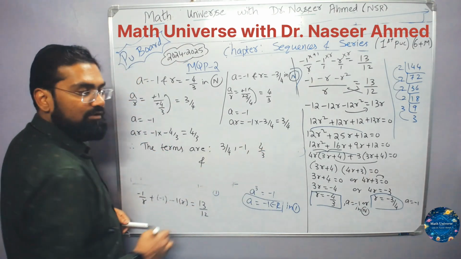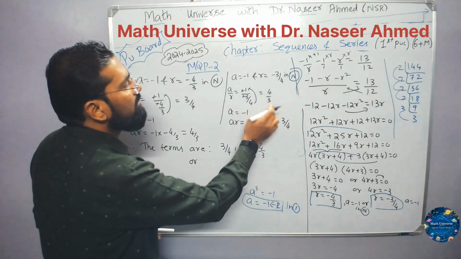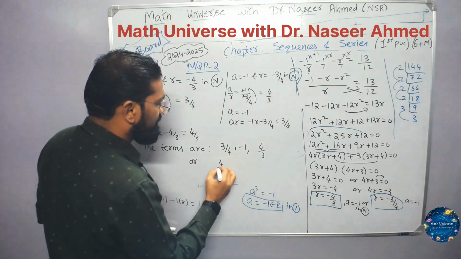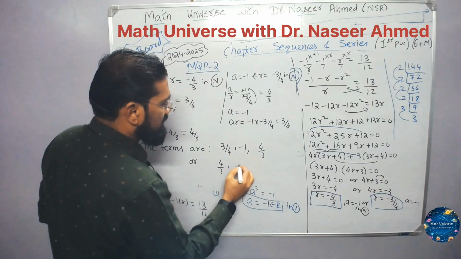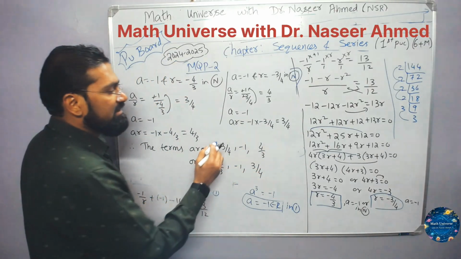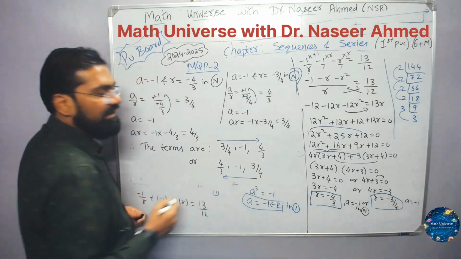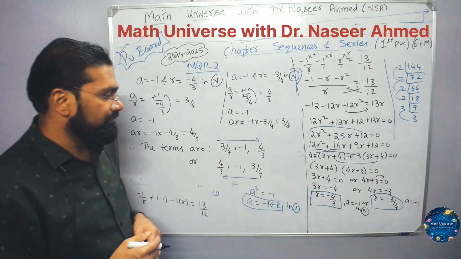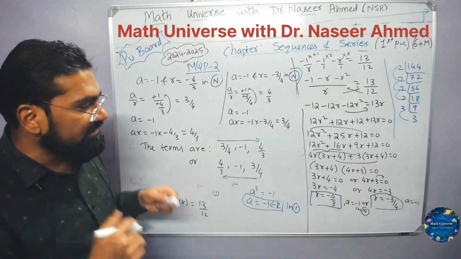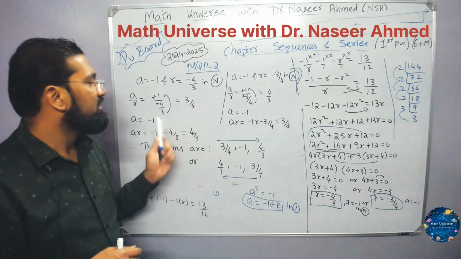Or it can be first term is 4 by 3, second term is minus 1, third term is 3 by 4. You can just see both are actually the same. Whatever the numbers are, right to left, now it is left to right. And we also discussed that we can have an alternate series if the common ratio is negative. You can see it's an alternate series.